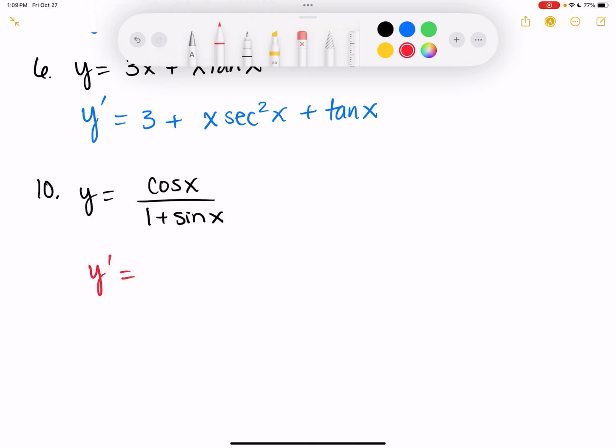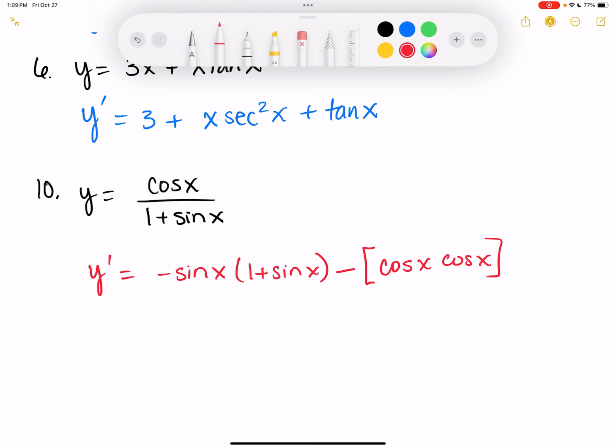So negative sine x. Okay, so the derivative of the top times 1 plus sine x, the bottom, minus. We'll put a bracket there, just in case. Cosine x times cosine x. Just cosine squared of x.